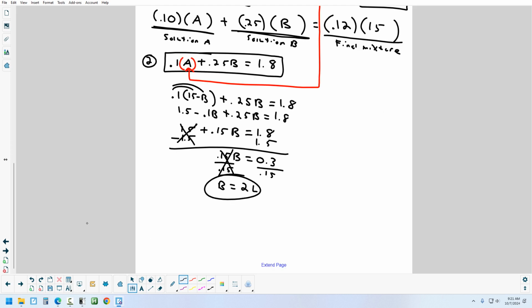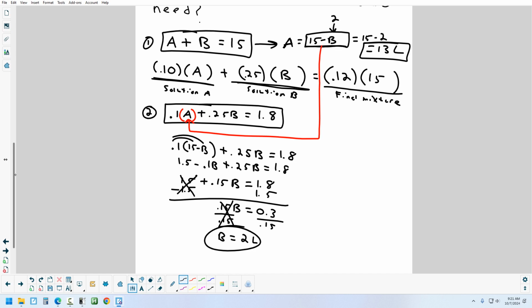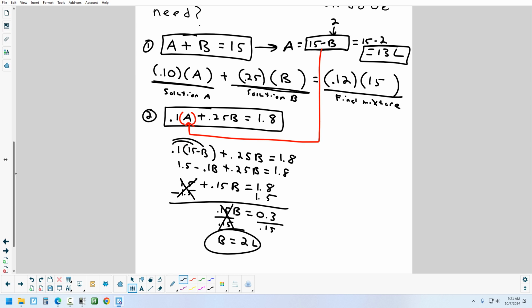Okay, so that's pretty much the same setup every time you do one of those problems. Set up your 2 equations, use substitution to fill it in, get your first answer, and then you go back and get your second answer. Okay, any question on that? Okay, so that's called, again, a mixture or concentration problem.